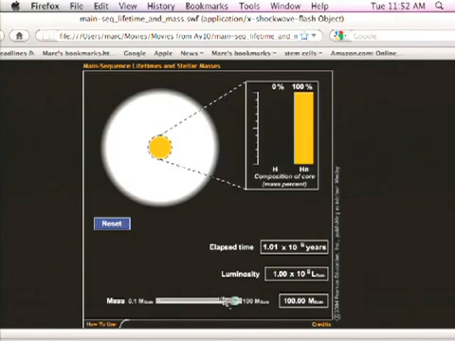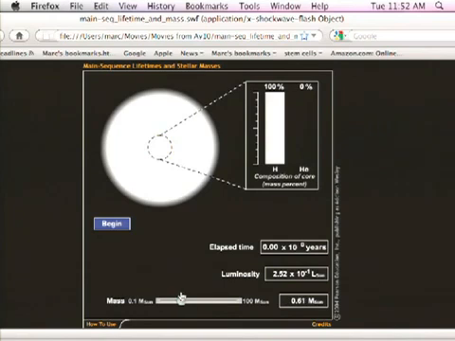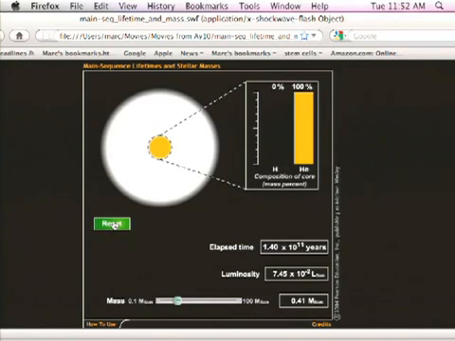Or we can take a star at the other extreme. Say, let's try 40% that of the sun. And this one burns, and this is 10 to the 11th years. Now that's longer than the age of our universe.